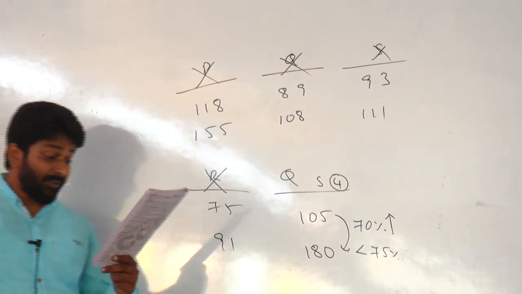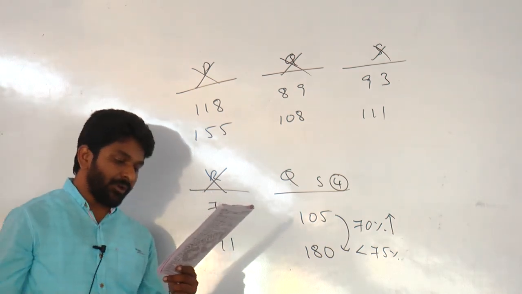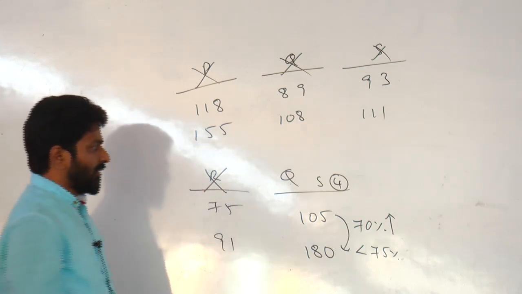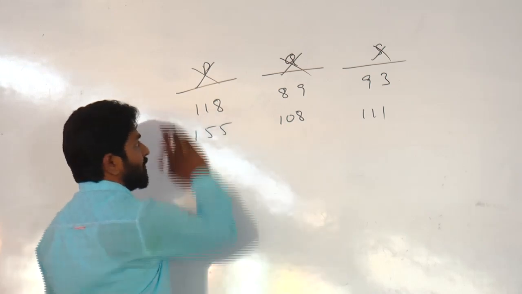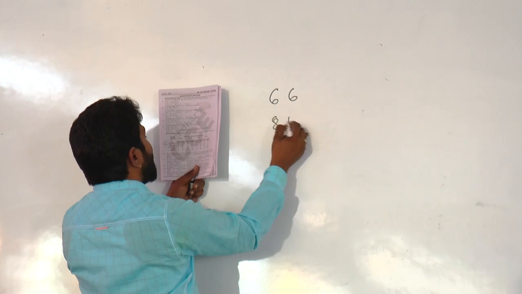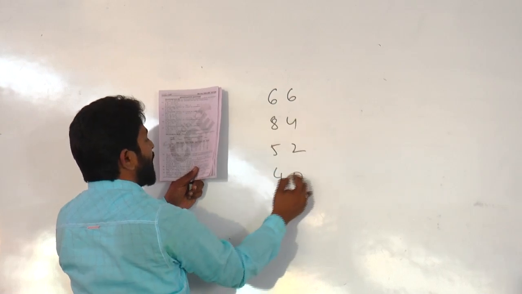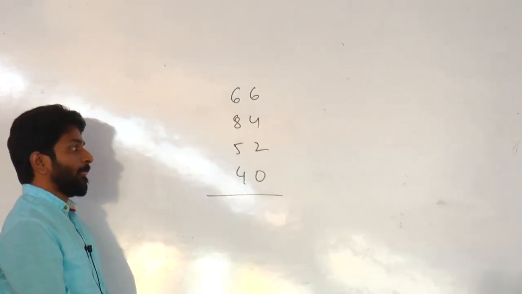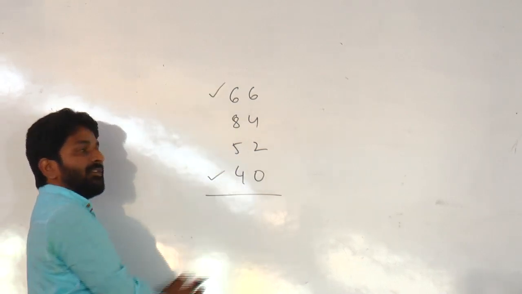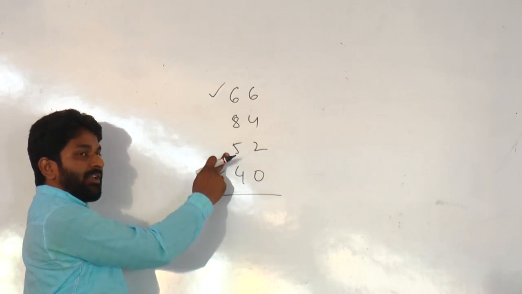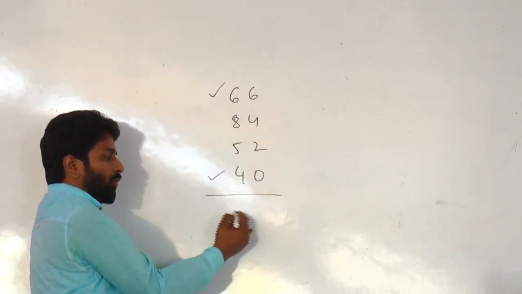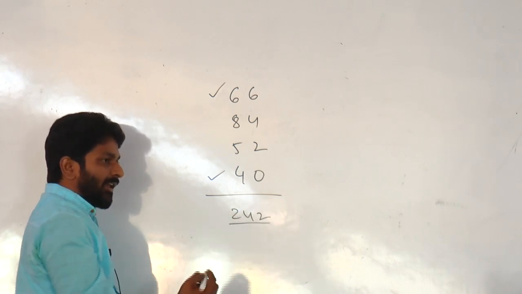Okay, 39. What is the average number of female viewers of season 4 across all the towns? Season 4, female. Just list out females in season 4: 66, 84, 52, 40. You are asked about average. 60, 40, 100, 80, 50, 130, 230, 240, 242, and then you need to calculate average.